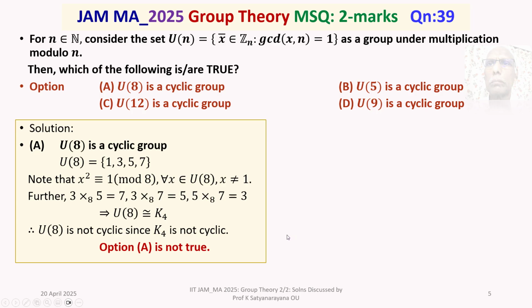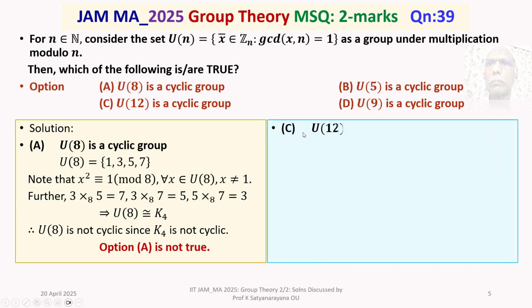We go to option C. U of 12 is a cyclic group. Write down the elements of U of 12, all those x such that the GCD of x and n is 1.